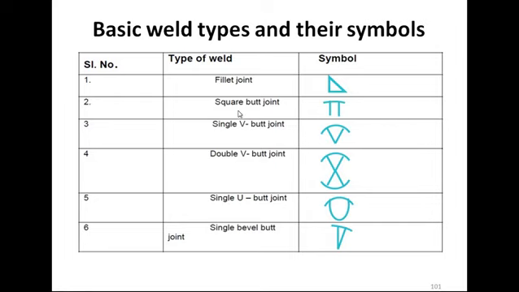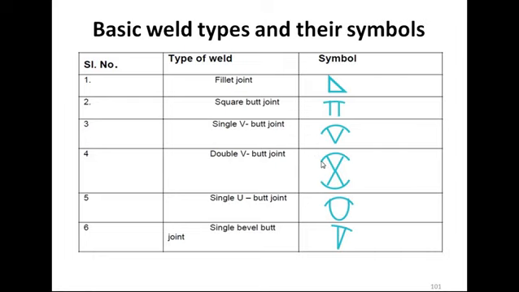When you want a square butt joint, we keep this symbol. For a single V butt joint, we keep this symbol. For a double V butt joint, we need to keep this symbol on the drawing.